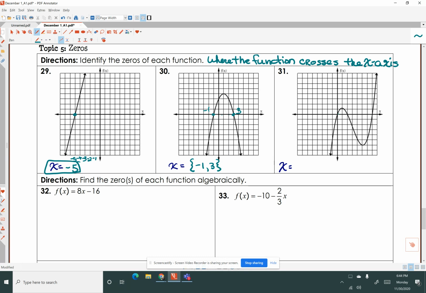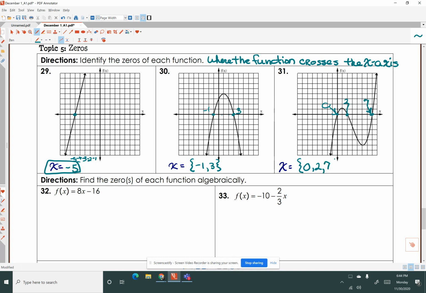This next one, it crosses the x-axis in 3 places, 1, 2, 3. So we'll need our set notation. It crosses at this first place is 0. It crosses here at 2, and it crosses right here at 7.